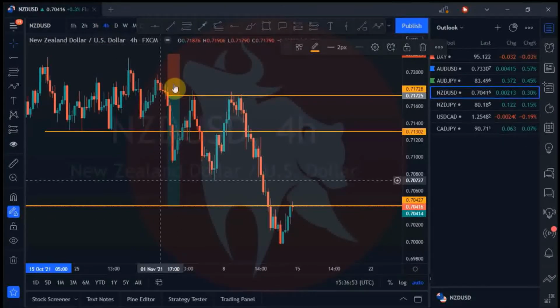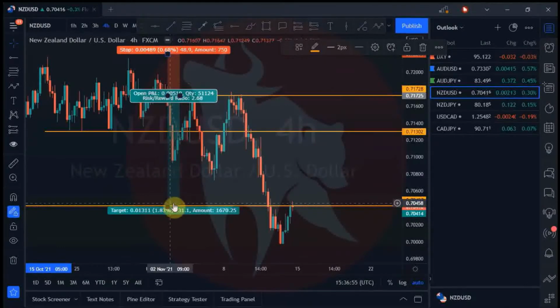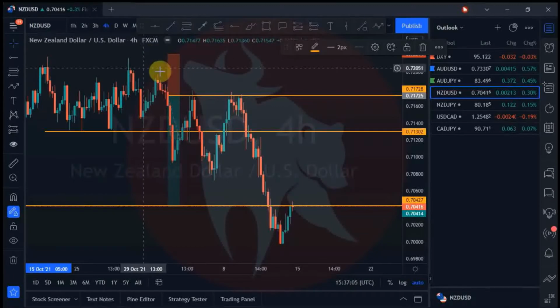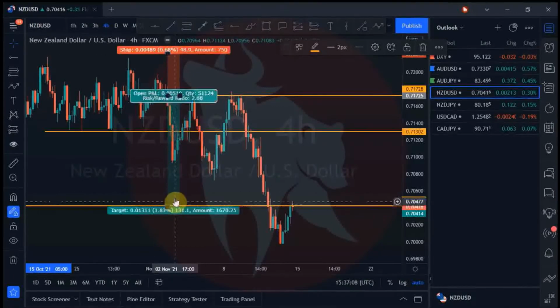We took this trade last week. If you remember, I analyzed this in my previous forecast, so you can go there and confirm. We took this beautiful trade last week, and that was around 131 pips.